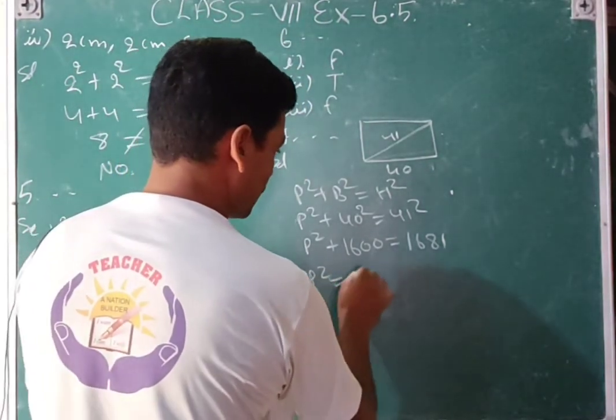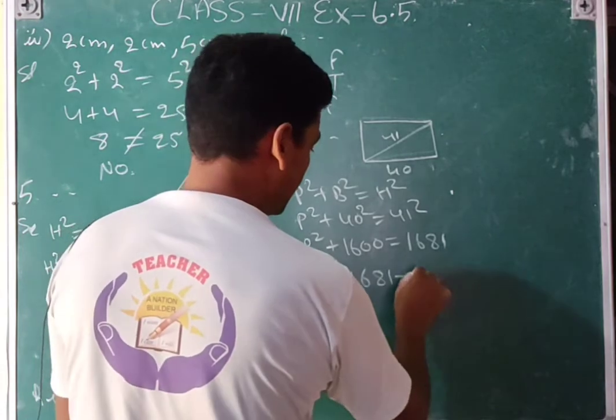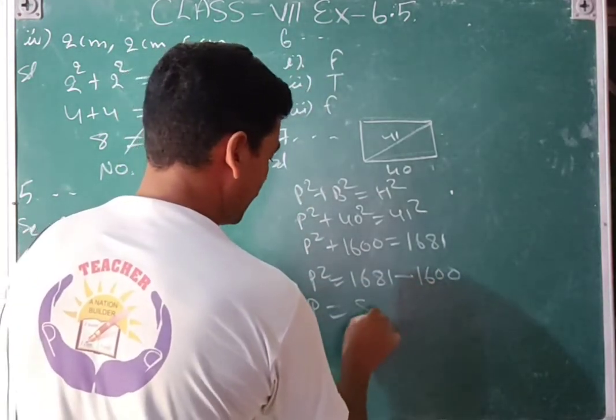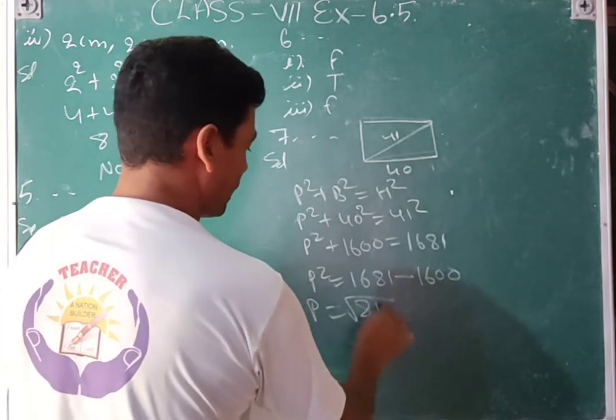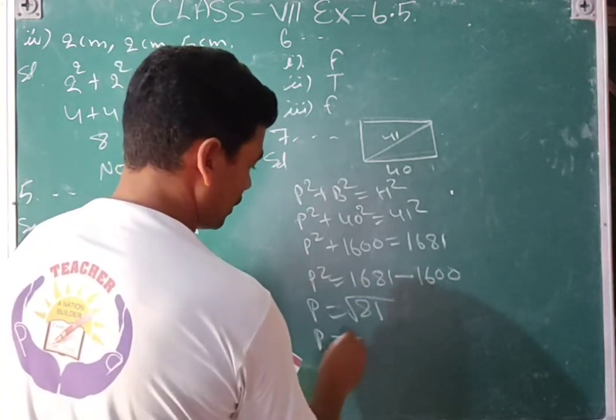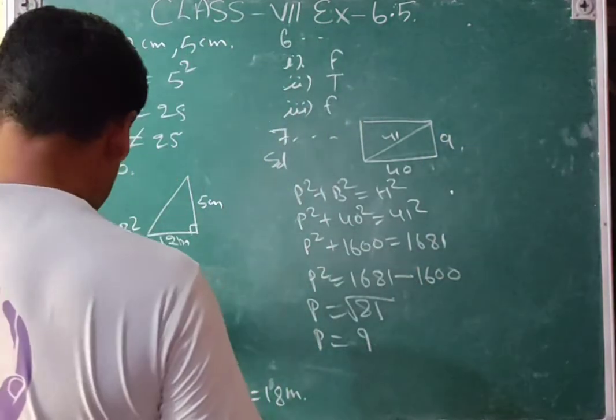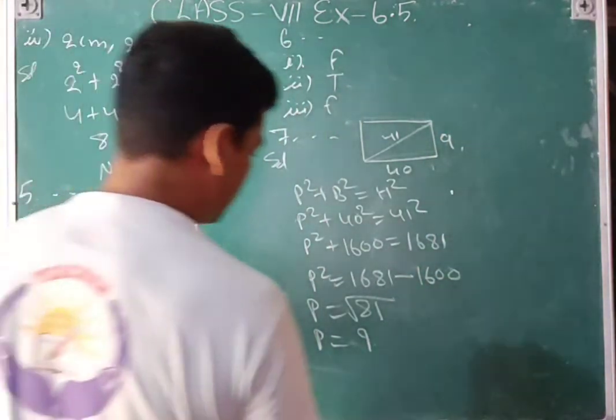P square is equal to 1681 minus 1600. So that P square is equal to 81. That will be under root, so P is equal to 9. So we need to find the perimeter.